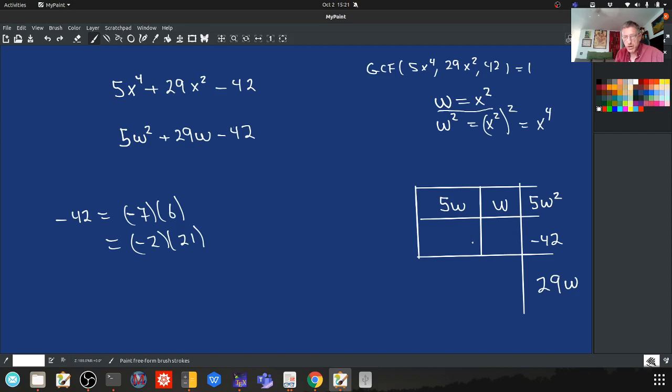So let's try 7 minus 6. That's not going to work either. That's going to give me 35w minus 6w. Let's try 6 minus 7. Did I do that already? You really need a good system to keep track. So that's going to be minus 30w plus 7w. That's not going to work.